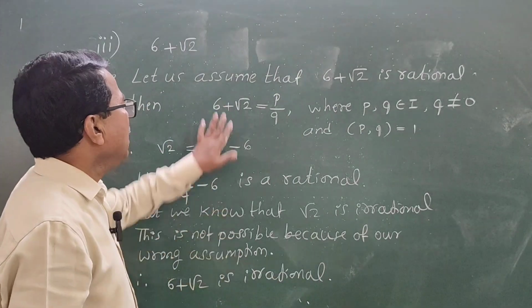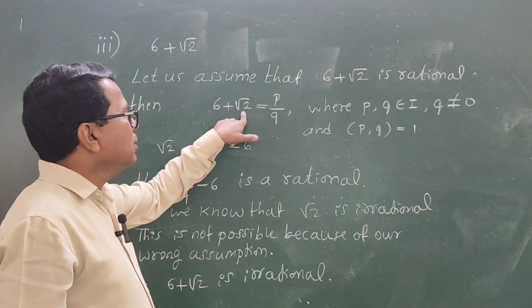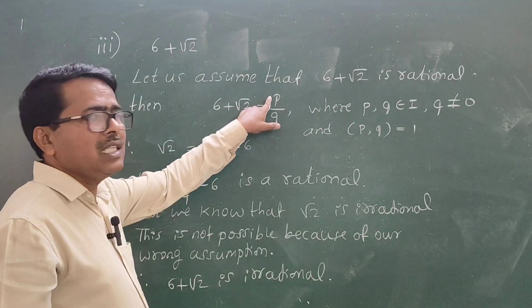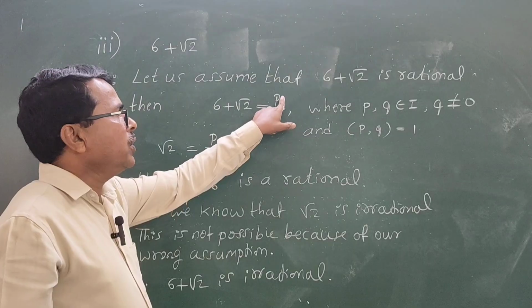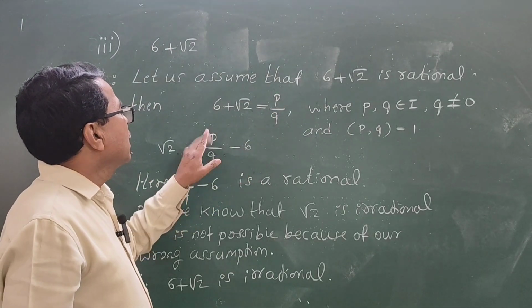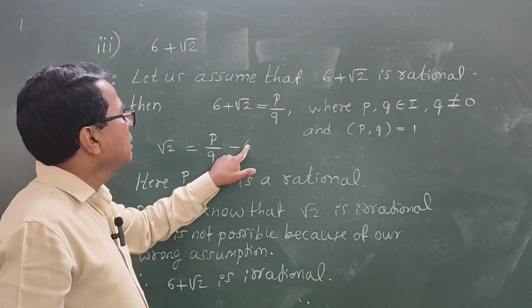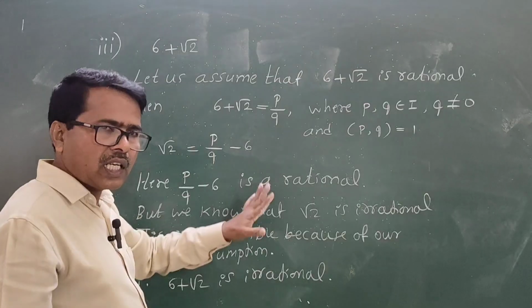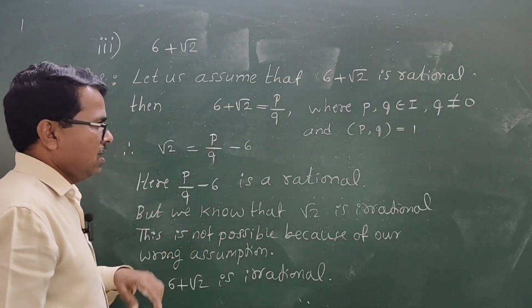Okay students, here 6 plus square root of 2 we assumed initially, in the beginning, to be a rational number. So we wrote it in the form of p by q. We took 6 this side. p by q is rational, 6 is also rational. Rational minus rational is again rational. This side is rational.